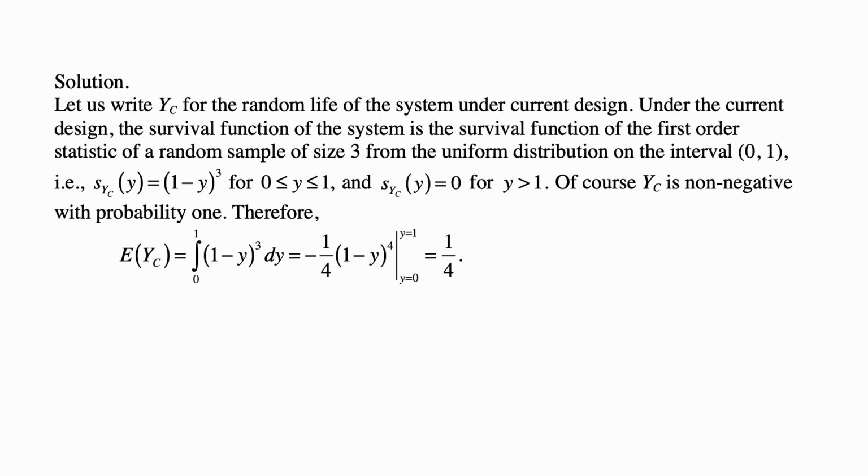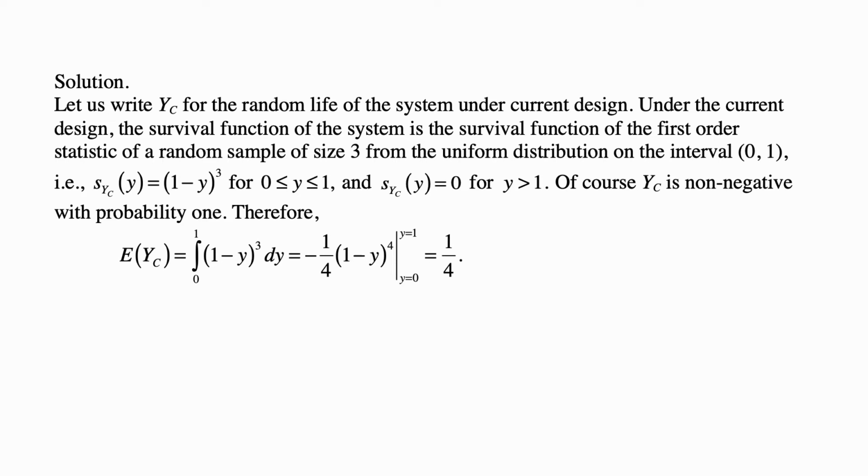So that's why S_{Y_C}(y) is (1 minus y) cubed for y between 0 and 1. And of course S_{Y_C}(y) is 0 for y more than 1. And of course this is a random variable which is greater than or equal to 0 with probability 1.